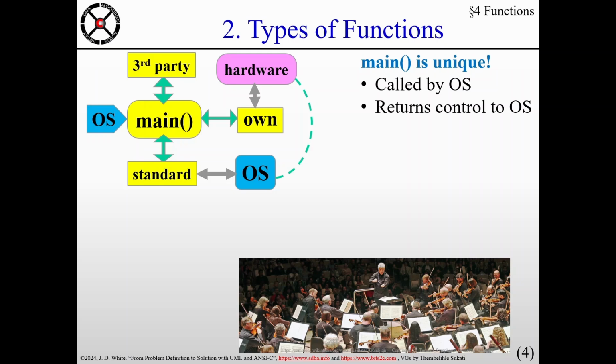So main may call a standard function. Now the standard function could call the operating system again to get other things. So a number of standard functions are designed to talk to the operating system and get information from the operating system. You might want to write your own function, and then C allows you to directly go to the hardware without going through the operating system. Okay?